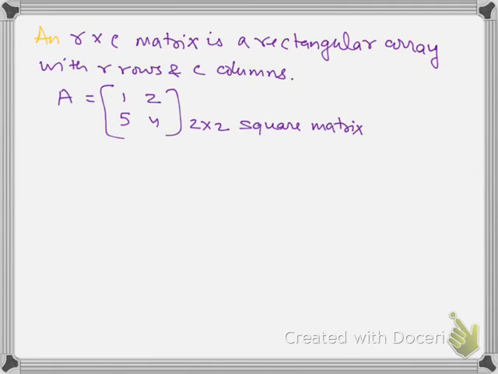Okay, so then we have column vectors. A column vector is an R cross 1 matrix, that is a matrix with only one column.